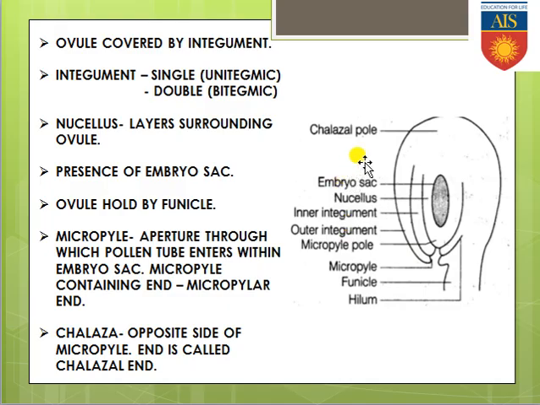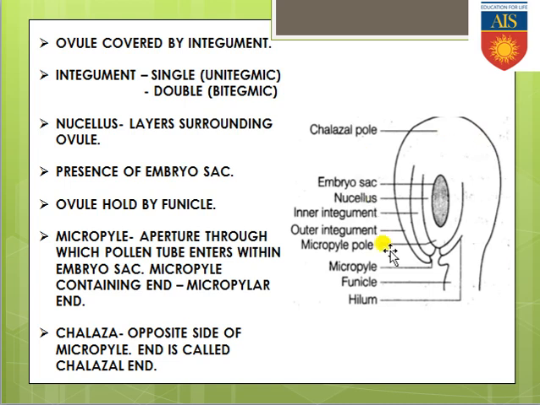So this is the overall structure of the ovule, where we can see the ovule can be surrounded by a single layer integument or a double layer integument. Second, there are multiple cell layers surrounding the embryo sac, commonly known as nucellus. Next, the embryo sac is present centrally in the ovule. The ovule is held by a specific stalk known as funicle. In the case of an anatropous ovule, the funicle is bent and attached with the ovule, and this bent portion is known as raphe.